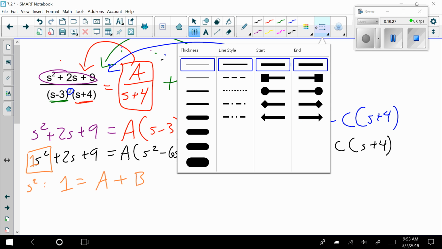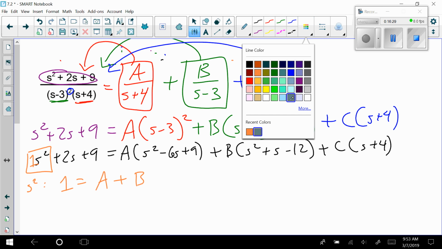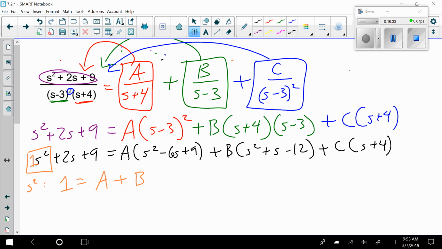Next, I would just continue to move, right? Next, I see this 2s. Okay, so for the s's, I should have 2 equals, now what over here would give me s's? Well, this A times this negative 6s would give me a negative 6A.